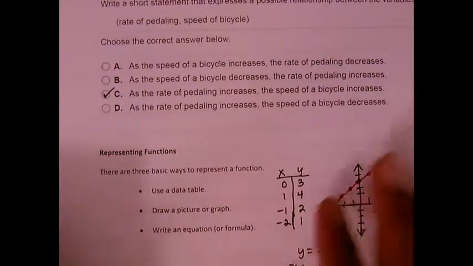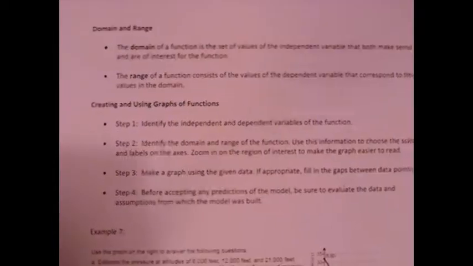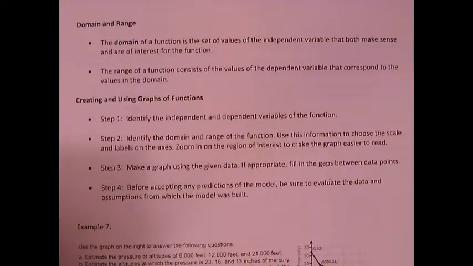Okay, next we'll talk about domain and range. Now the domain of a function is a set of values of the independent variable that both make sense and are of interest for the function.